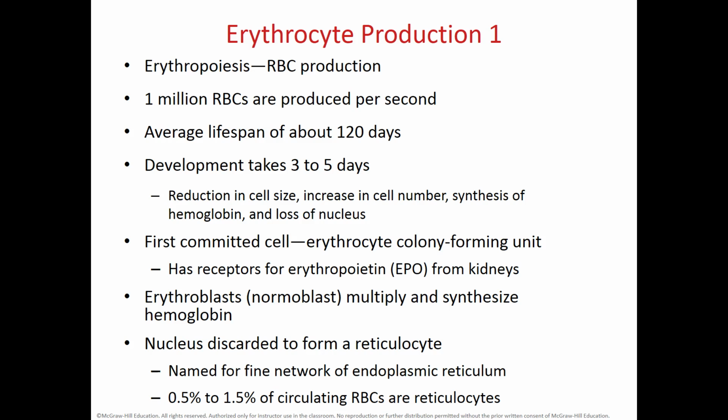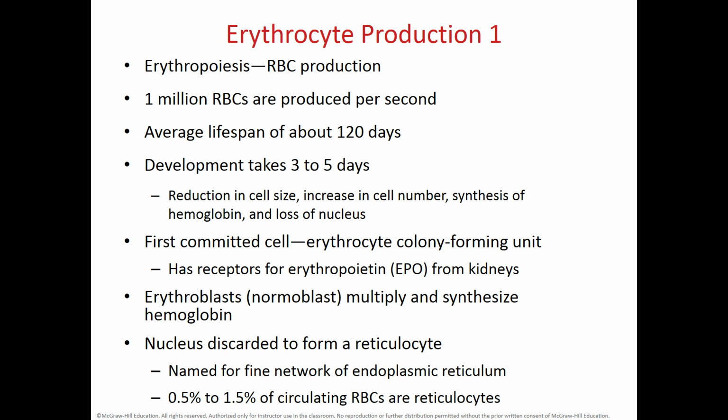As the red blood cells are being formed, you have a decrease in the cell size of the erythrocytes, an increase in the cell number, and an increase in the synthesis of hemoglobin. As you increase the synthesis of hemoglobin, the stem cells that originally had a nucleus are going to kick out the nucleus because you are producing huge amounts of hemoglobin. There is no place for the nucleus to stay within the cytoplasm.